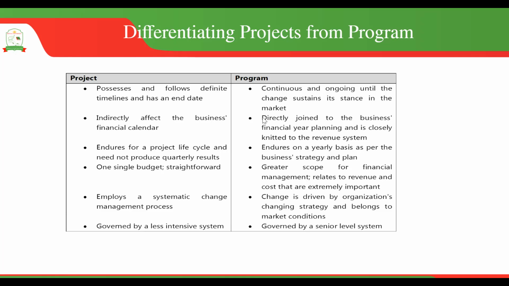And on the program, we have said that it is much broader than projects, or we can say a program has multiple projects. Programs are continuous and ongoing until the change sustains its stance in the market.